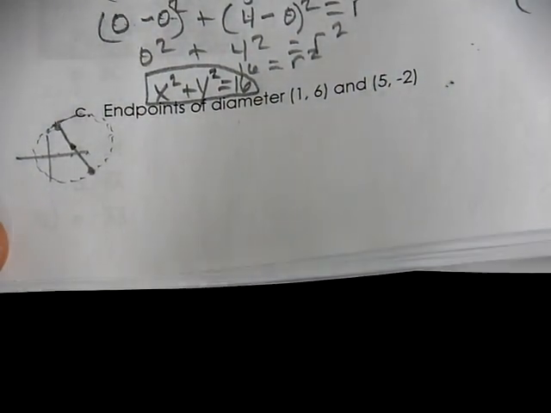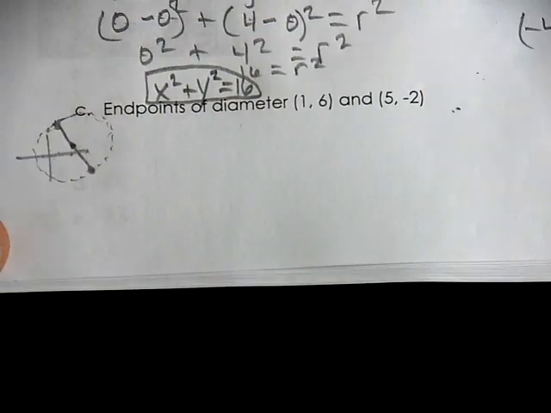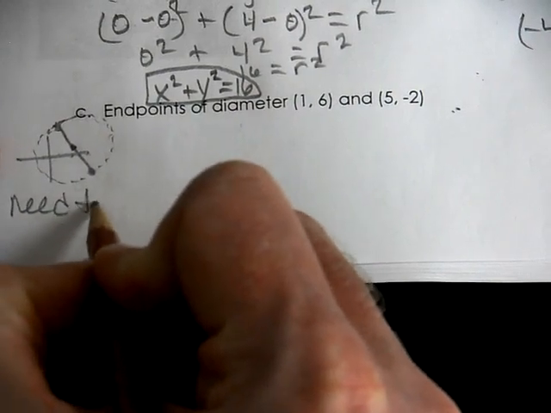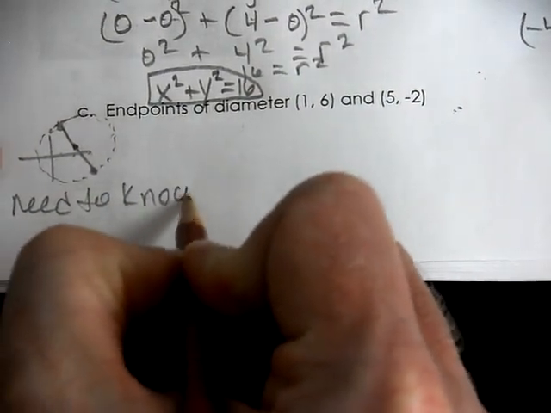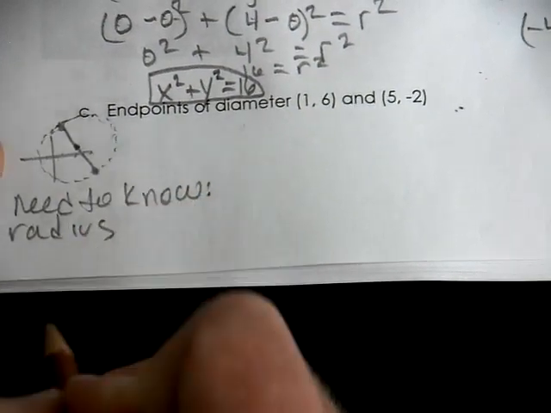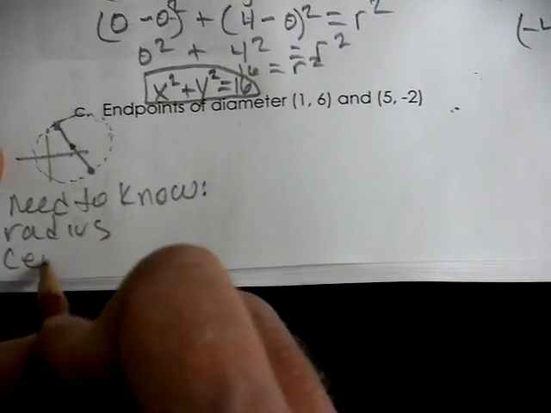So how do we write our equation? What do we need to know when you write an equation? You need to know the radius. And you need to know the center.